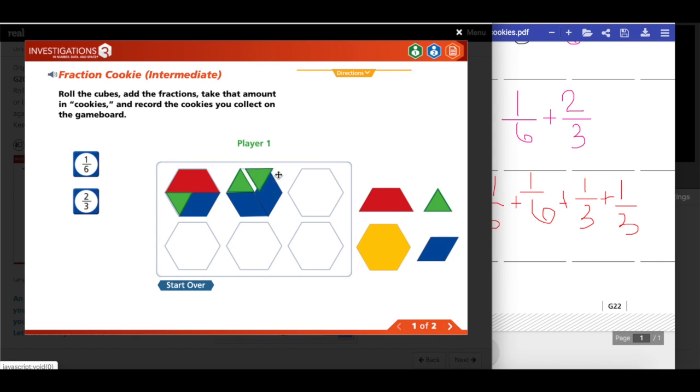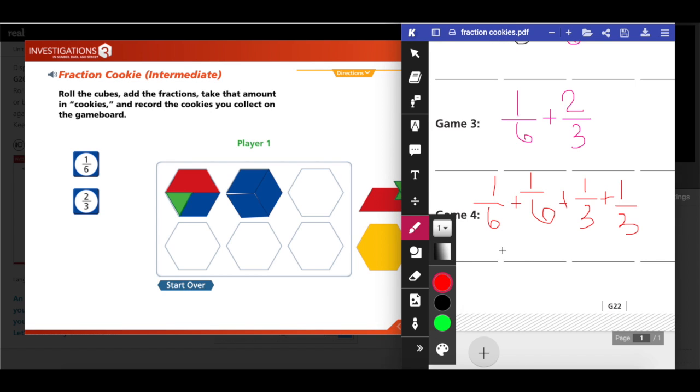You said that I can, instead of having 2 triangles, I could switch it out for 1 rhombus. I can do that. So now I would have 3/3, which is equal to 1 whole. So that's showing me 3/3 is equal to 1. Because remember, if my numerator is the same as my denominator, that is equal to 1 whole.